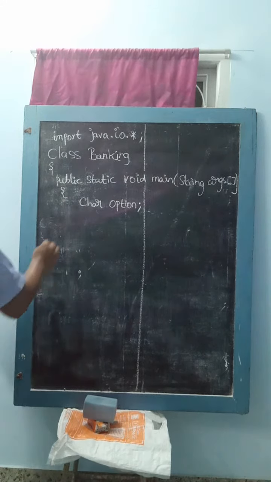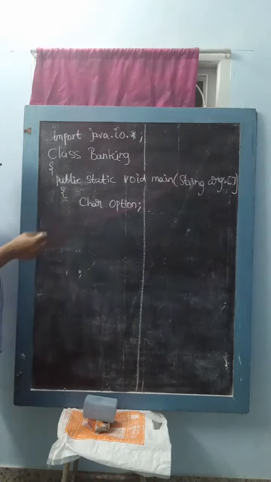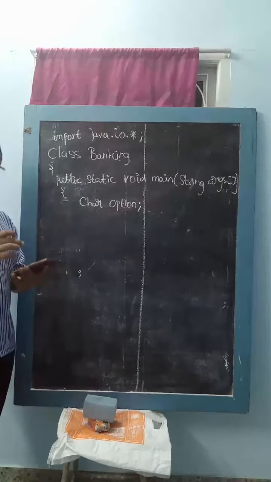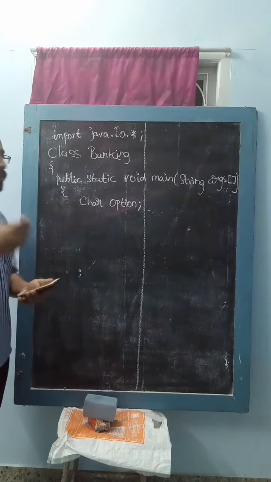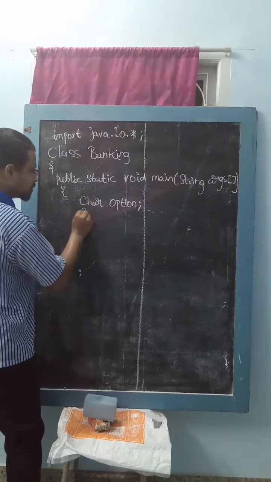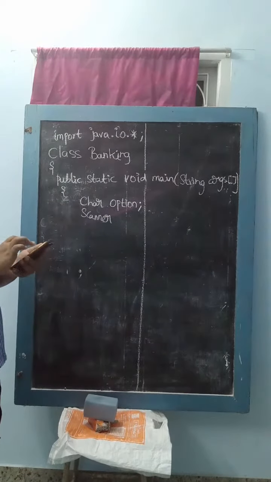So how can we see? First of all, we have to use the scanner statement, the scanner class, right? So how can you write the scanner class? Scanner s is equal to new Scanner. The same way you just write Scanner. You have to initialize the object.